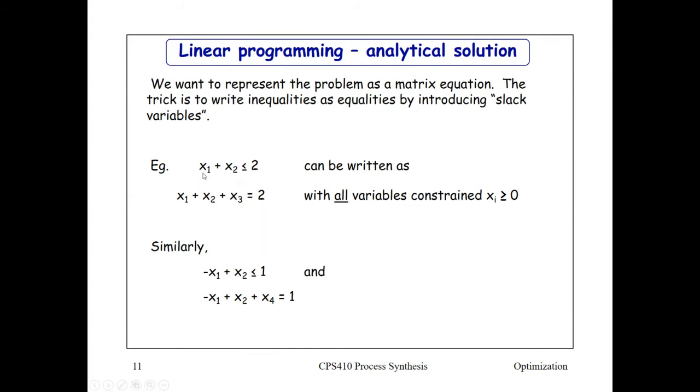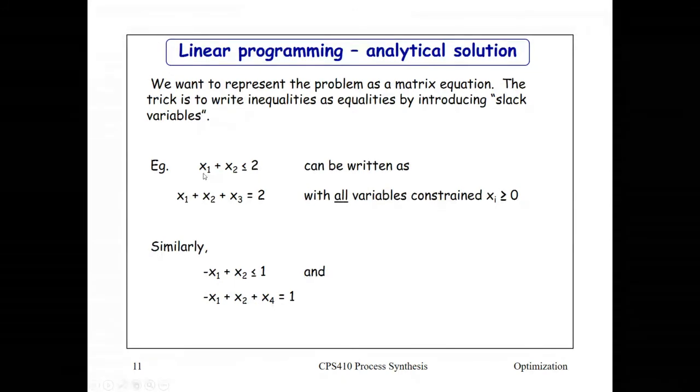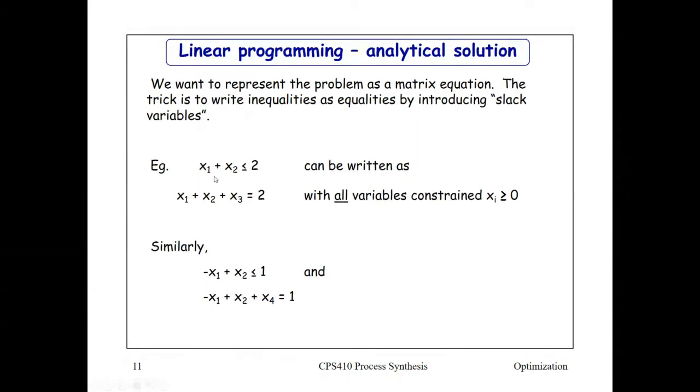So let me just repeat that again. If you've got the situation where x1 is equal to a half and x2 equals 1, then you can just make up a new variable called x3, which is equal to a half, and you've got a half plus 1 plus a half equals 2. Then you don't have to be encumbered by inequality signs.